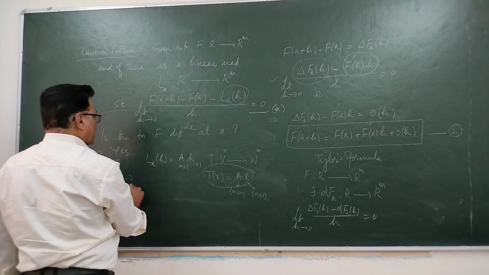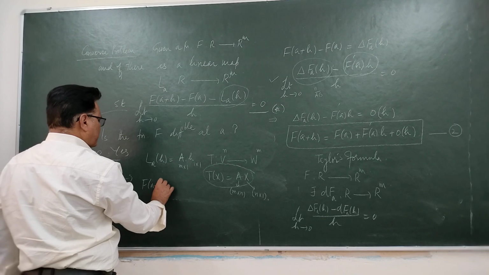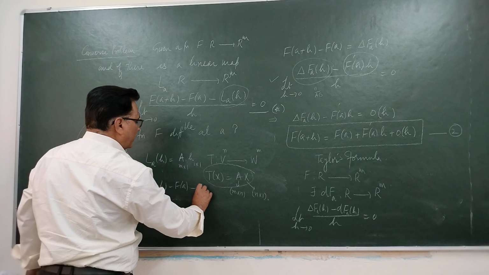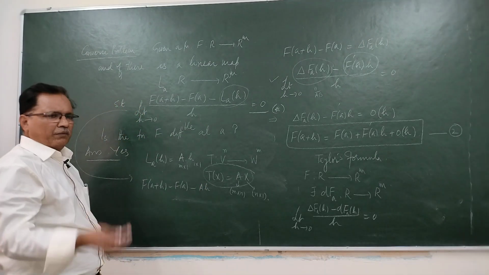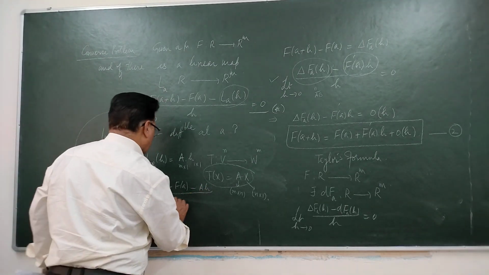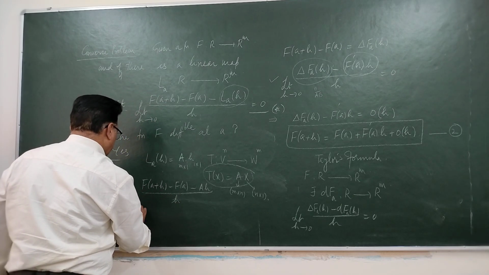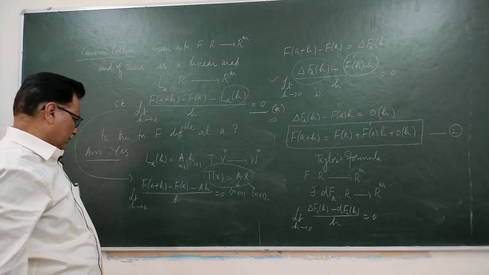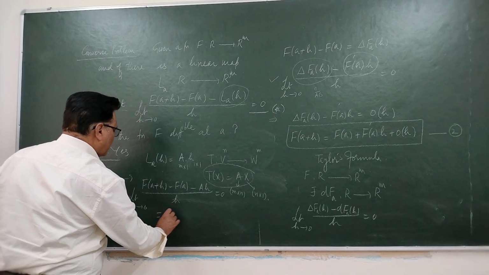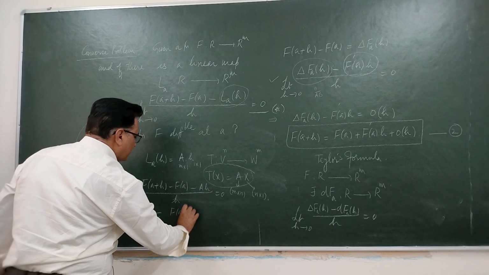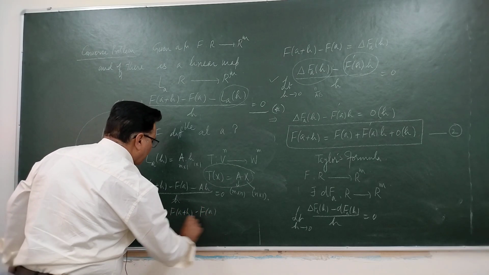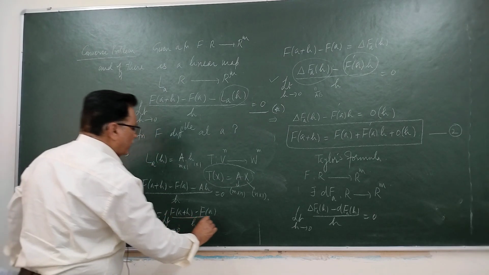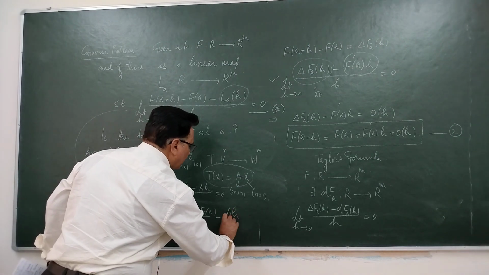So this implies the limit as h tends to 0 of f(a+h) minus f(a) minus A times h, upon h, where A is some m by 1 matrix, must be 0 by the star condition. Now let me rewrite this as the limit of f(a+h) minus f(a) upon h, minus the limit of Ah upon h.